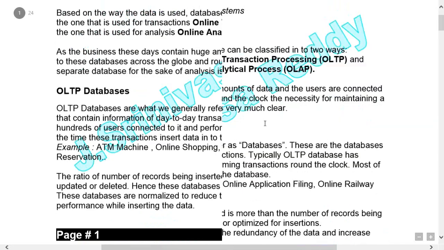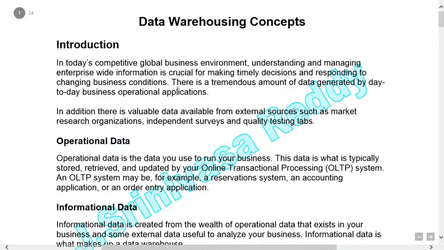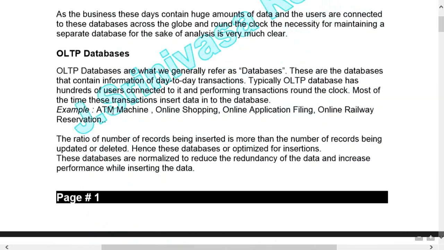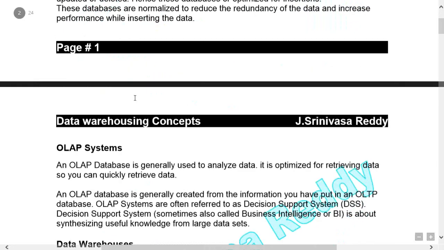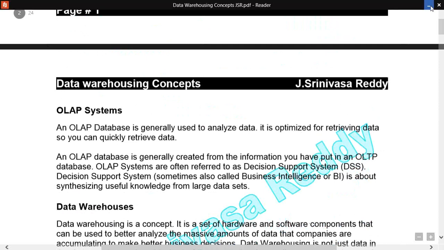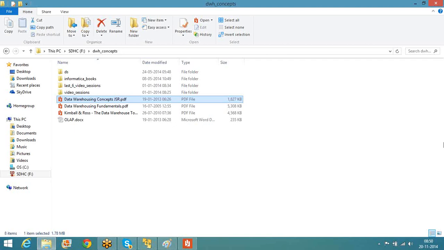So all of you are clear about the necessity first, what is operational data, what is informational data, what about OLTP databases, and what about OLAP systems? All of you clearly understood, I guess. Or do you have any questions here? Yeah, it's clear. Ramesh. It's clear.